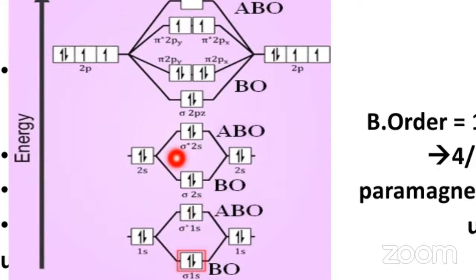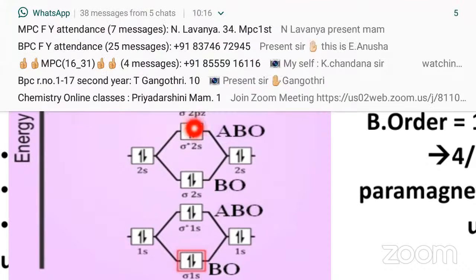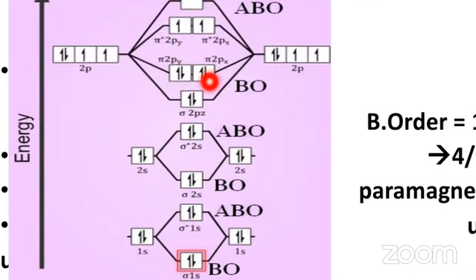Next, in the 2s orbitals, two electrons first enter into sigma 2s, the bonding molecular orbital, and the next electrons enter into sigma star 2s, the antibonding molecular orbital. Next, in the 2p orbitals, the electrons first enter into sigma 2pz, and next enter into pi 2px and pi 2py orbitals. These are bonding molecular orbitals.